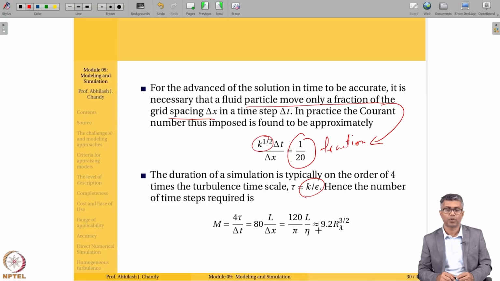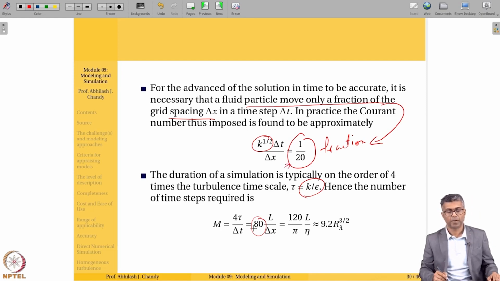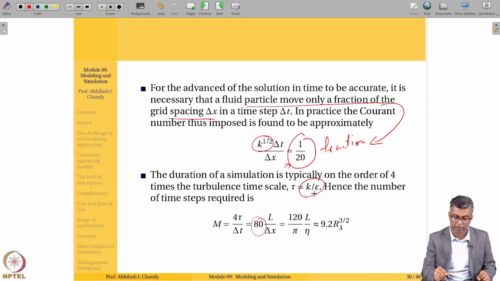So where did I get this 80 from? This 20 basically came in here, right? And I have 4 tau over delta t, and I am substituting for tau, k over epsilon and everything in there, and then I get this estimate of 80.